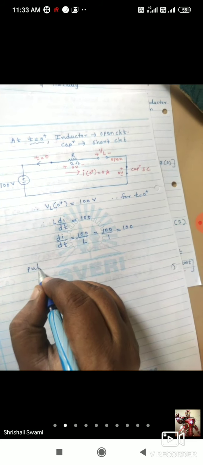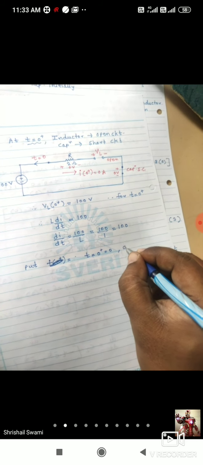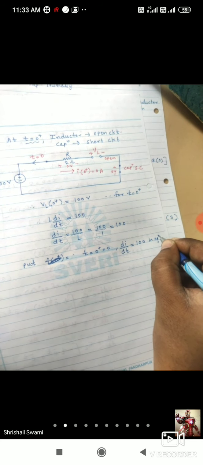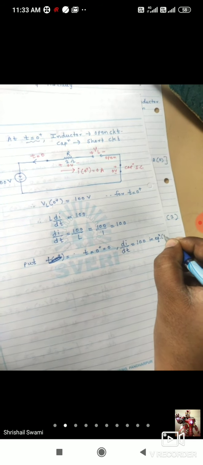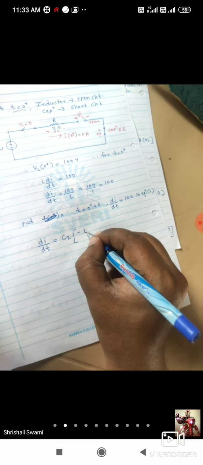So put t of 0 plus, sorry, t is equal to 0 plus असं लिहा. For t is equal to 0 plus, i is equal to 0, and di by dt is equal to 100 in equation number 4. बरोबर आहे. मग इक्वेशन नंबर 4 काय आहे बघा. di by dt, first of all I will write equation 4 as it is. di by dt is equal to C2 into minus t into e raised to minus t plus e raised to minus t.